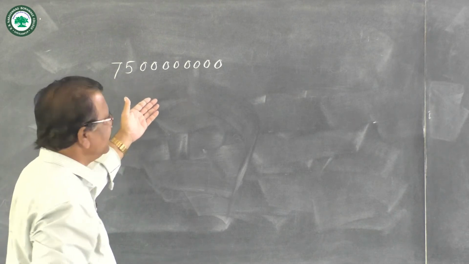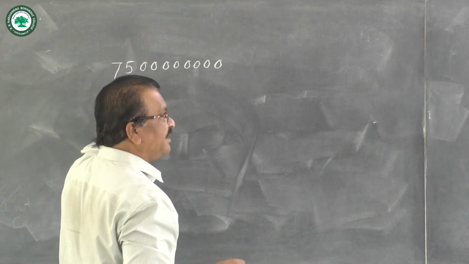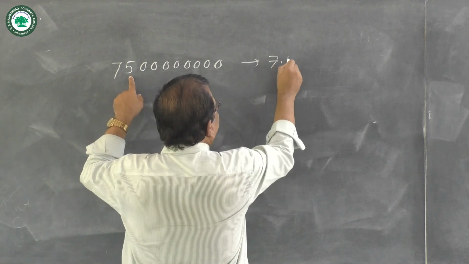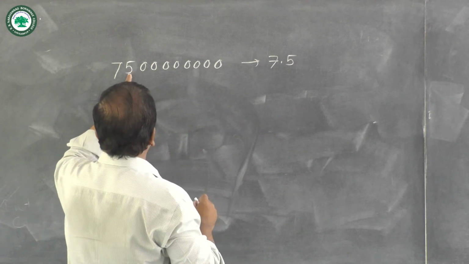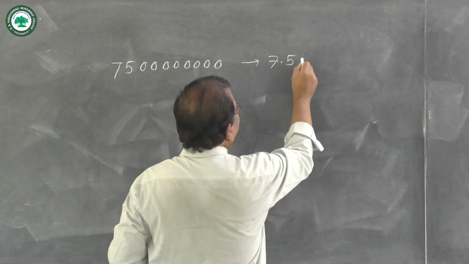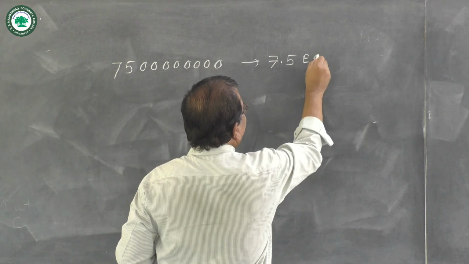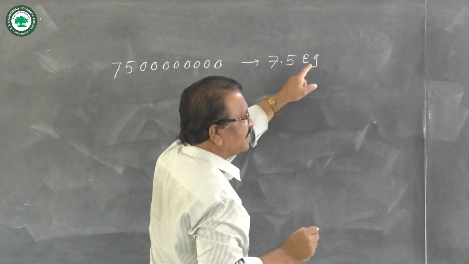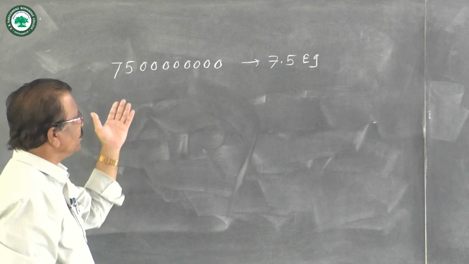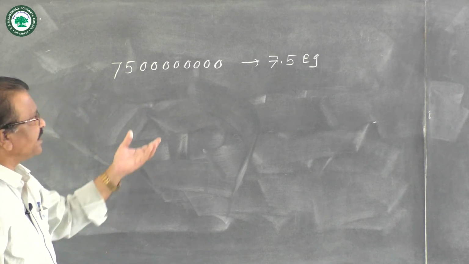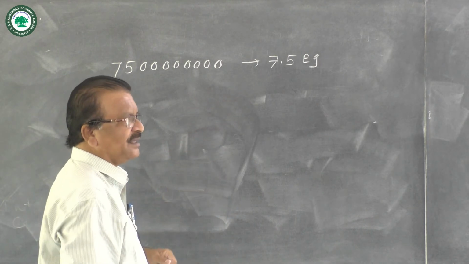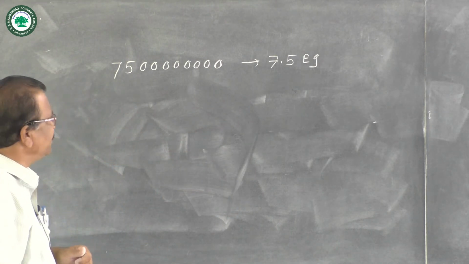The number is so large. If I want to represent it in scientific or exponential notation, it will be represented as 7.5E9, either upper or lowercase. The 9 may be preceded by a plus sign, which is optional. So this is how a large number can be represented more compactly.